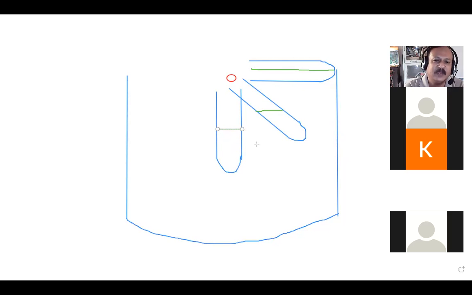Okay, and what about the movement of the sample? In this case, suppose these were the sample components. Now these sample components are moving from the center of the rotor towards the periphery of the rotor.